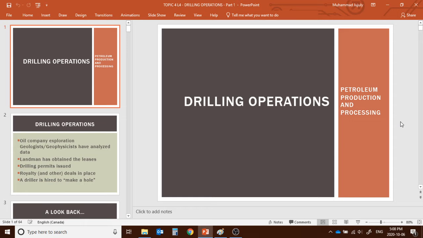Because drilling operation is very expensive, so we have to make sure to select the perfect site. We want to lower all the uncertainties and increase the probability and likelihood of getting oil and gas in this selected area.